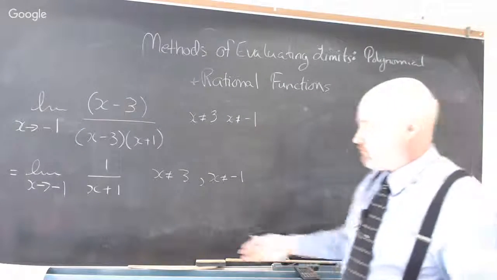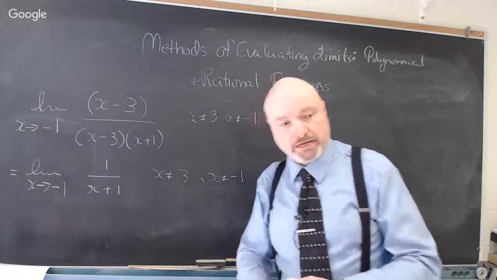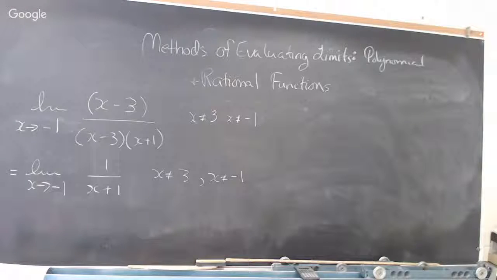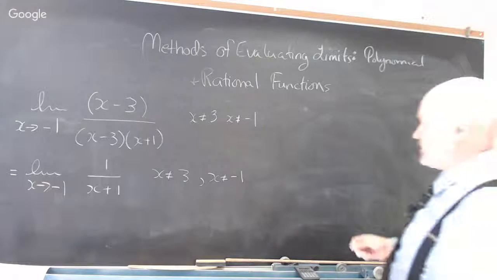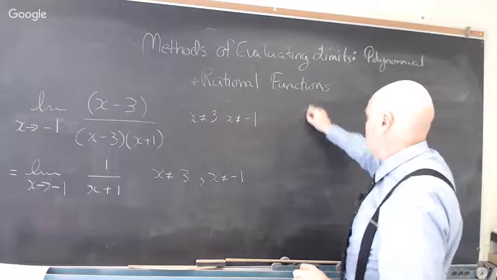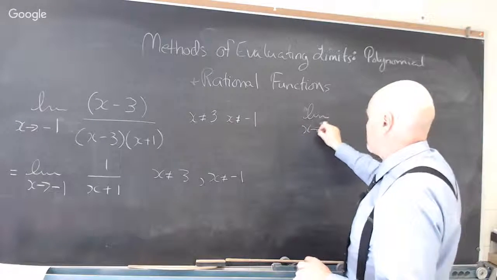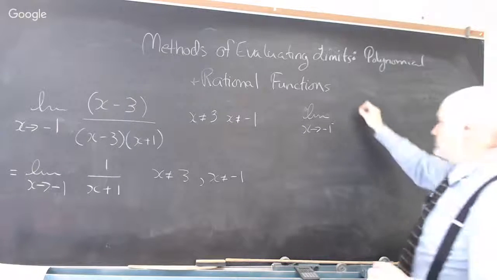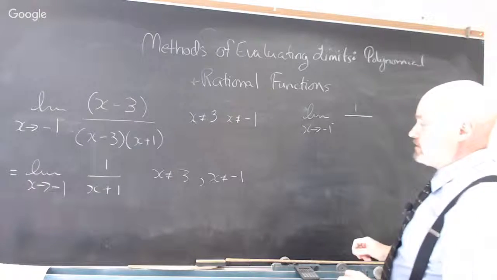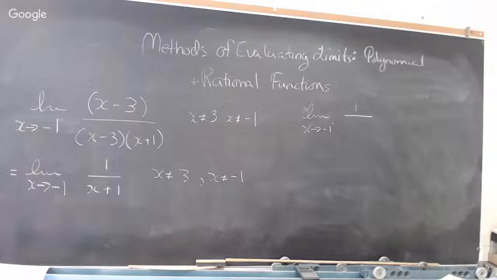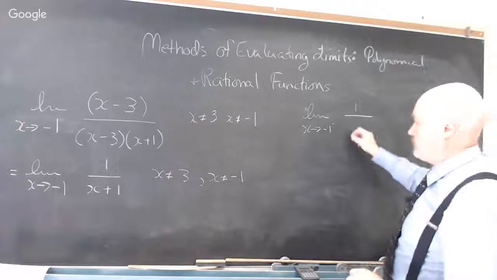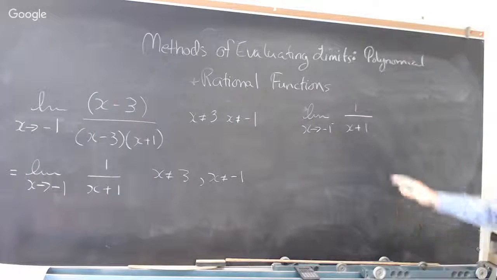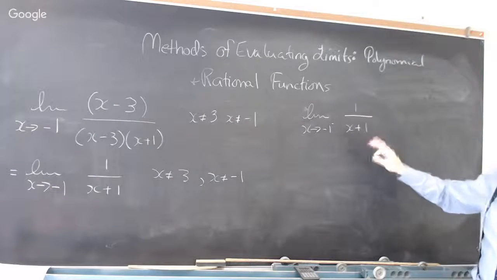So if I put the value of -1 in for x and hope for the best, it's going to be bad. Okay, I'm going to get the 1 over 0 condition. So if I approach -1 from the left, so for example, I put in a -1.1, I'm going to get a big negative number.